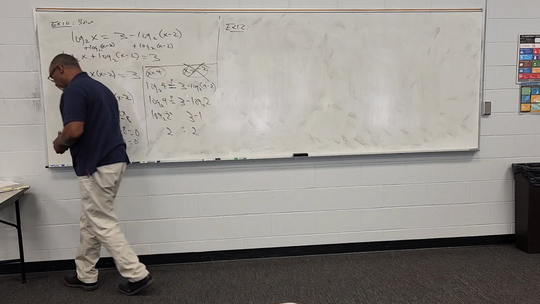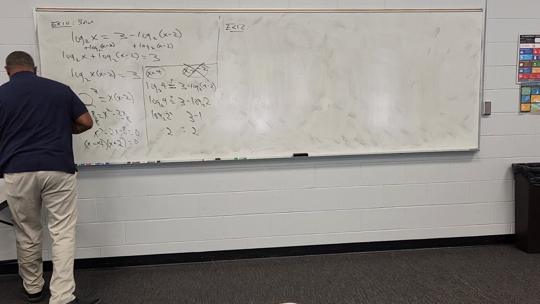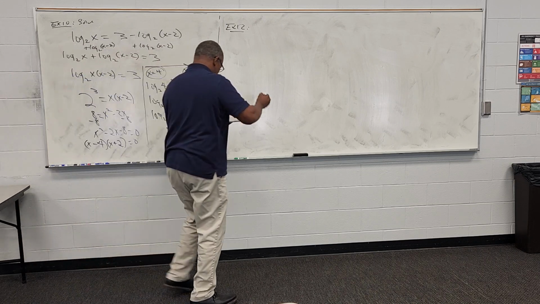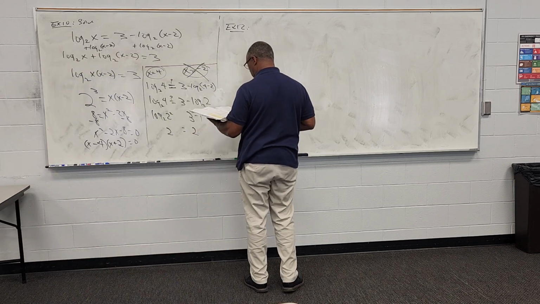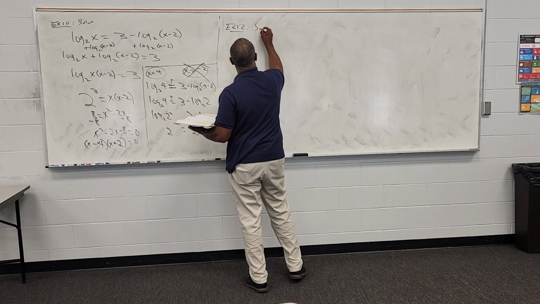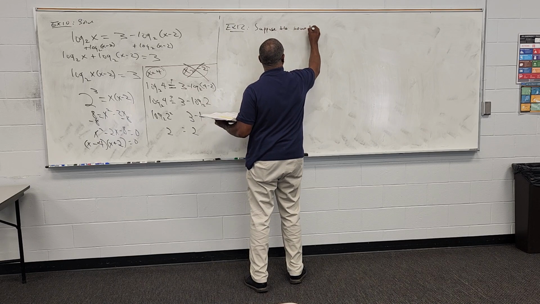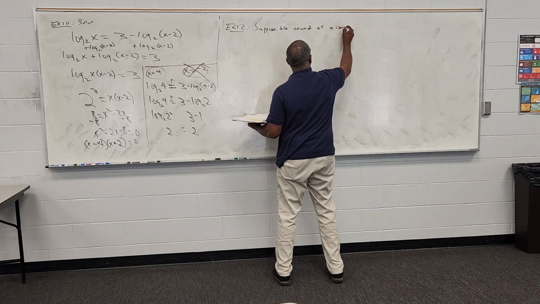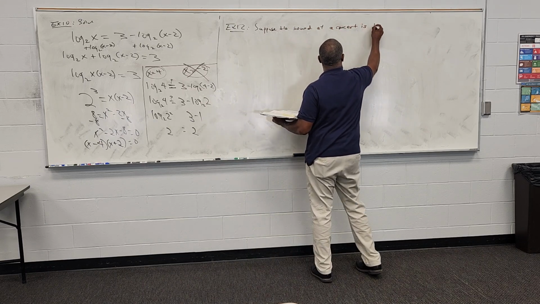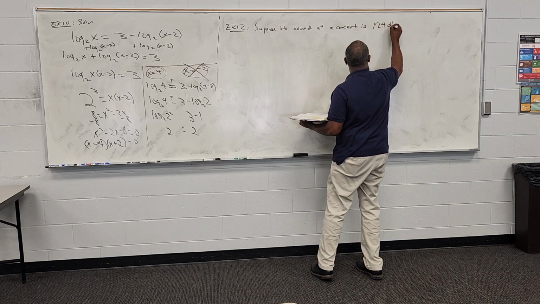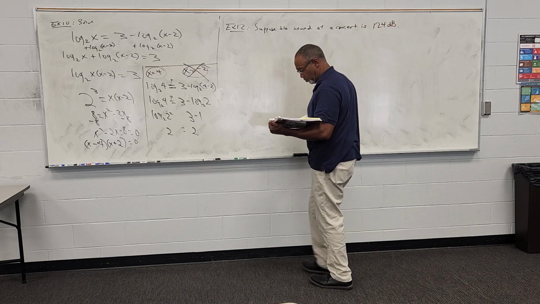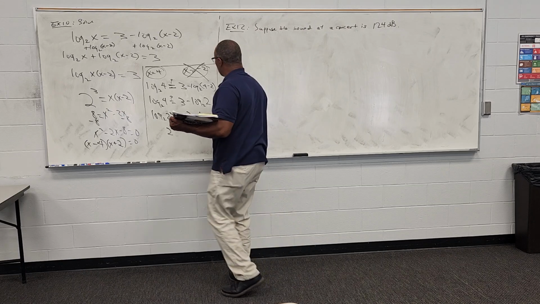Example 12. So they say, suppose the sound at a rock concert is 124 decibels. Suppose the sound at a concert is 124 decibels. Okay, decibels, dB. They say use the formula.